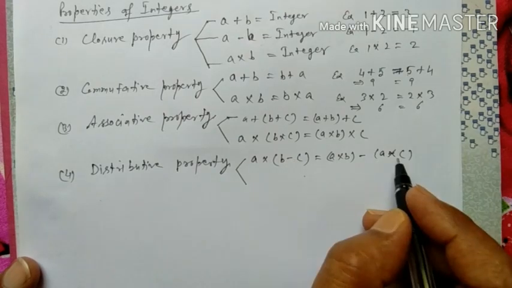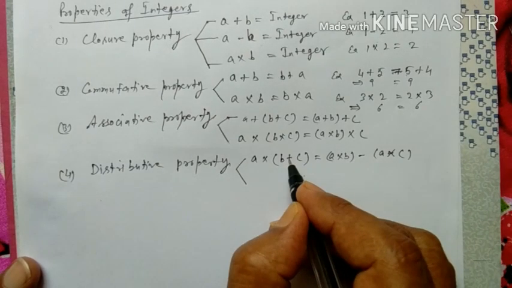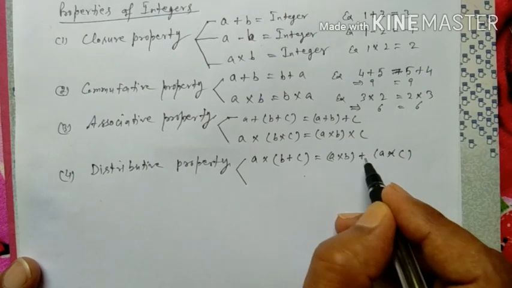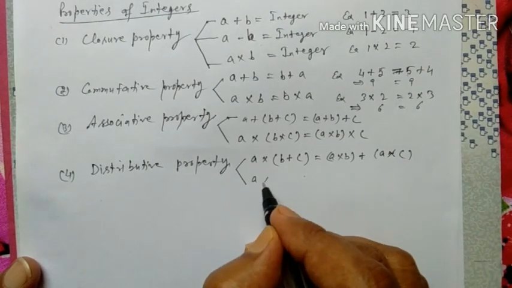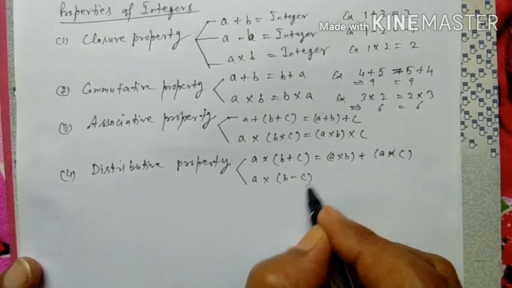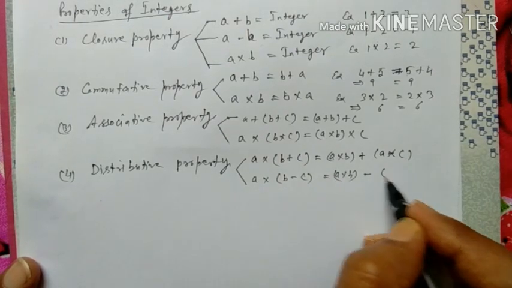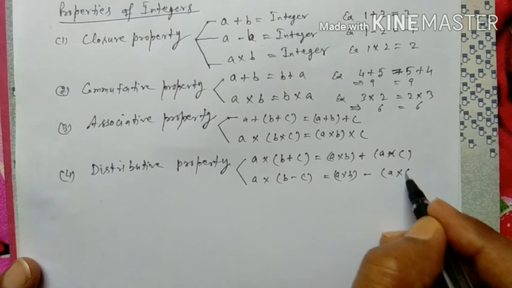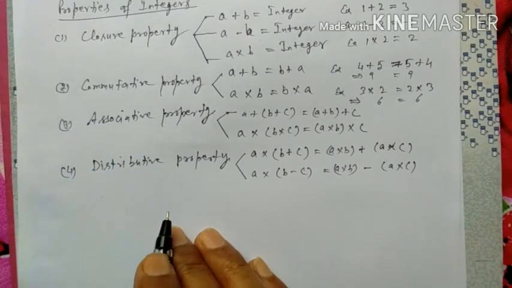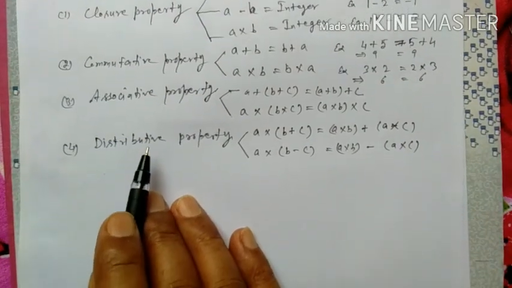Here it works for minus and plus both. For plus also, a into b plus c becomes a into b plus a into c. These are the properties of integers.